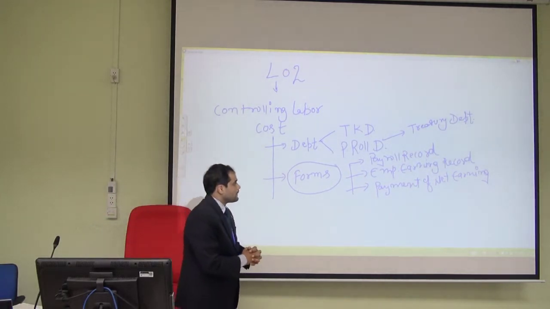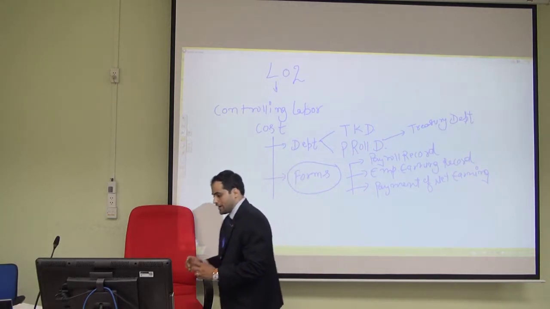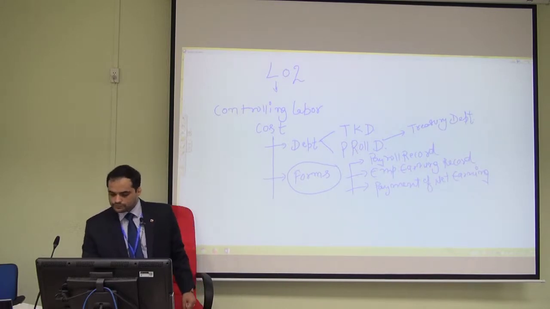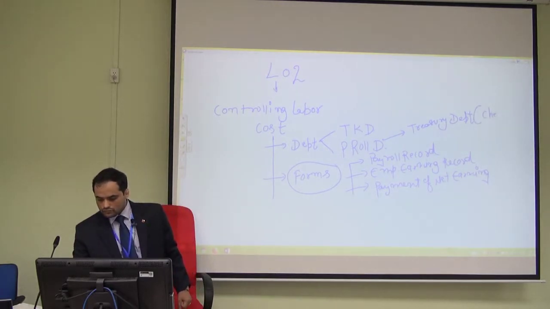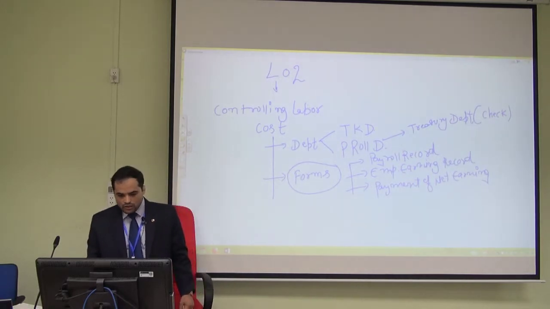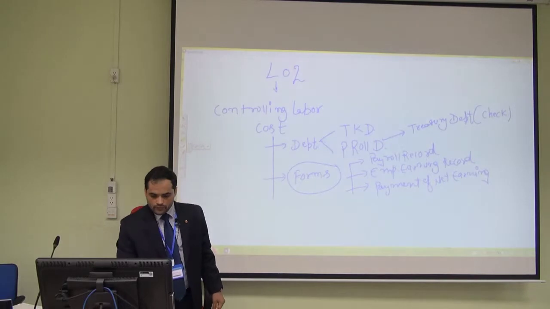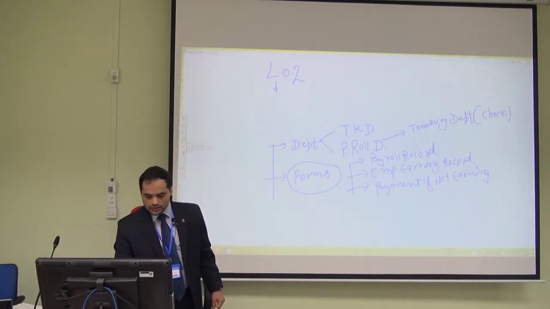The treasury department will transfer the salary to the worker in the form of a check instead of cash. So that's all about learning outcome 2. Now we move on to learning outcome 3.